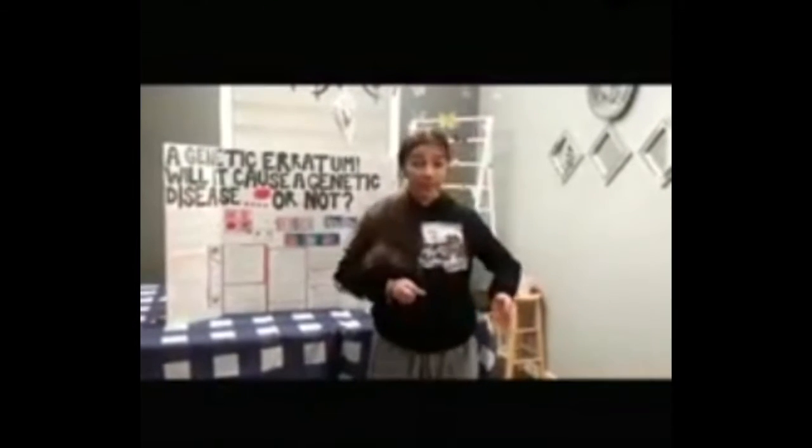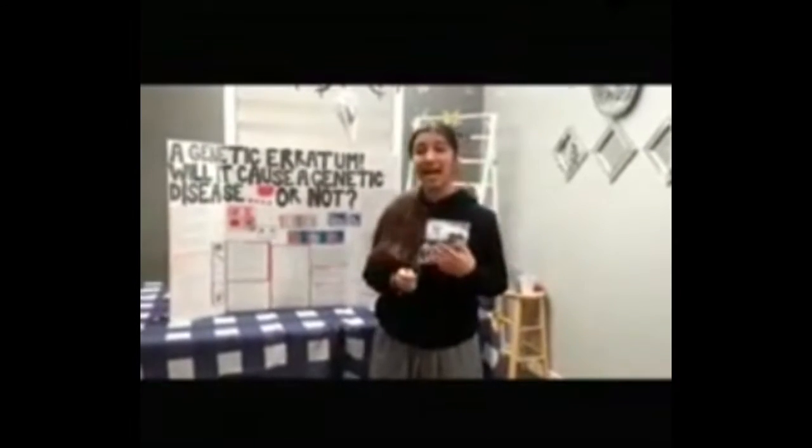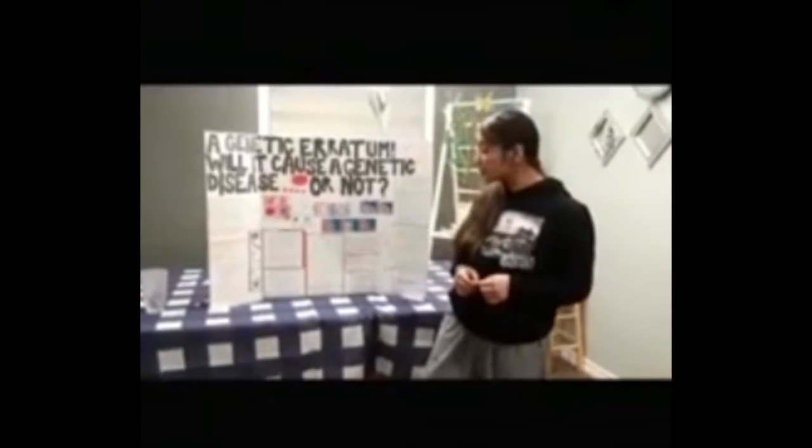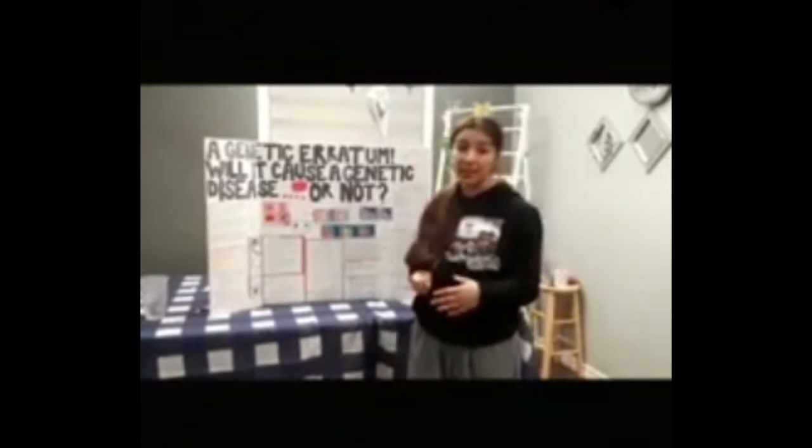Basically, the NF1 gene provides instructions to make the protein neurofibromin, and neurofibromin acts as a tumor suppressor in accordance with the RAS protein. The RAS protein is responsible for cell and tissue growth, and neurofibromin helps prevent this protein from growing cells or tissues rapidly or irregularly.